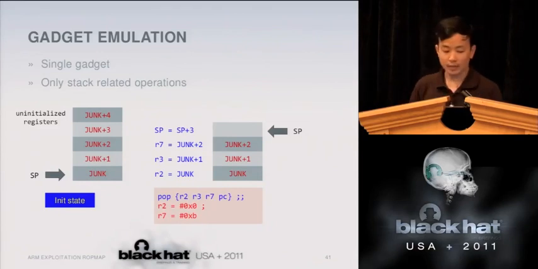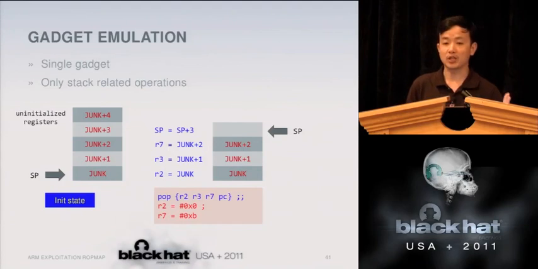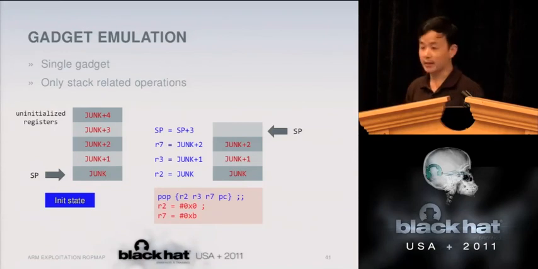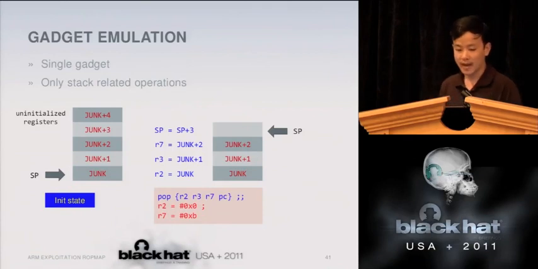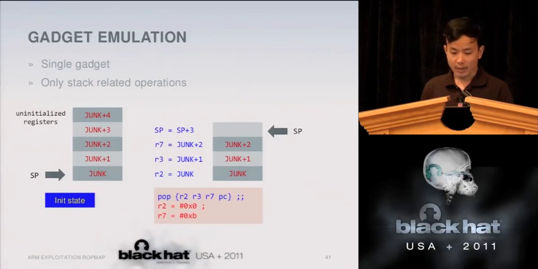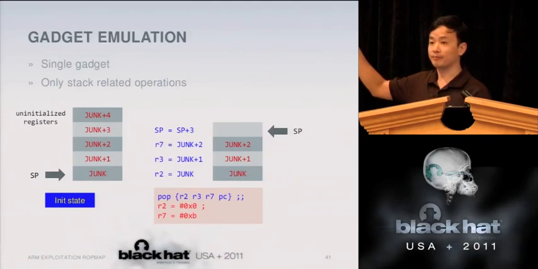Then we execute the instruction. For example, we have the instruction pop R2, R3, R7, and PC with the value binding, meaning the value from the revert matching provided. So here we have R2 must be 0 and R7 must be /bin/sh. By executing the instruction, it's just popping values from the stack. So we have R2 is junk, R3 is junk plus 1, and R7 is junk plus 2.